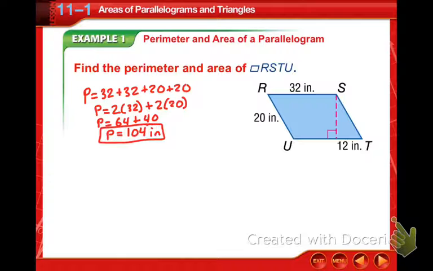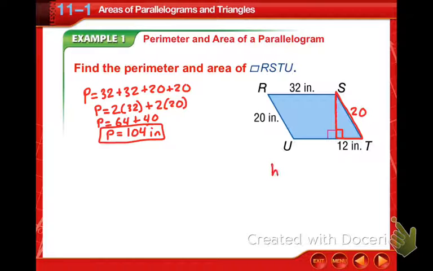Okay, now for the area, we need base times height. We don't have our height, but we do know some things about it, right? We have that 12, and we know the diagonal, or hypotenuse of the triangle. You can see, I'll draw it out here. Our triangle here, we know is a right triangle. This is 20, our hypotenuse. We have the smaller side. We want to find the other side of our triangle to get our height.